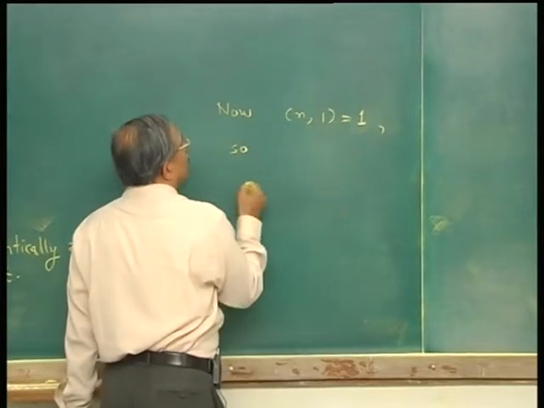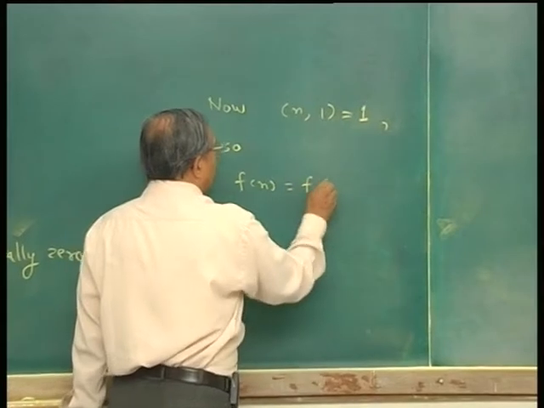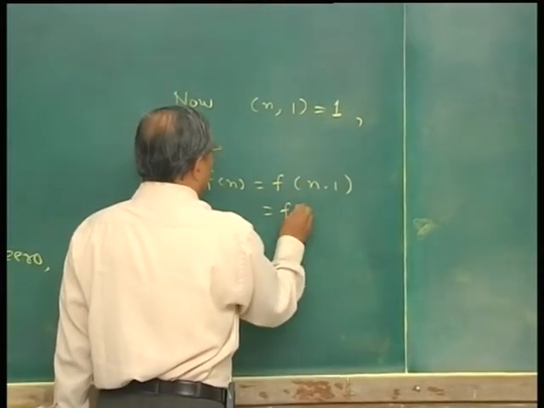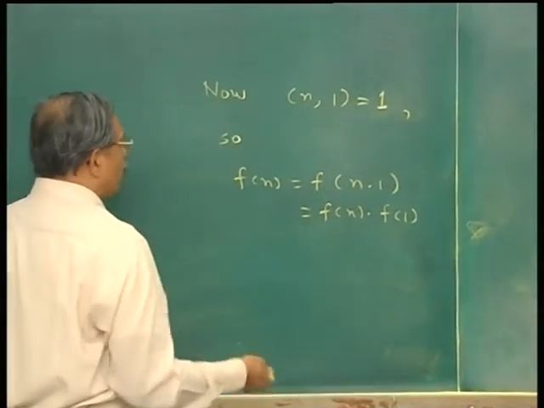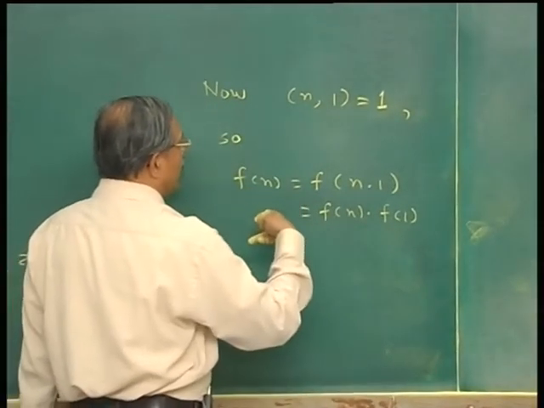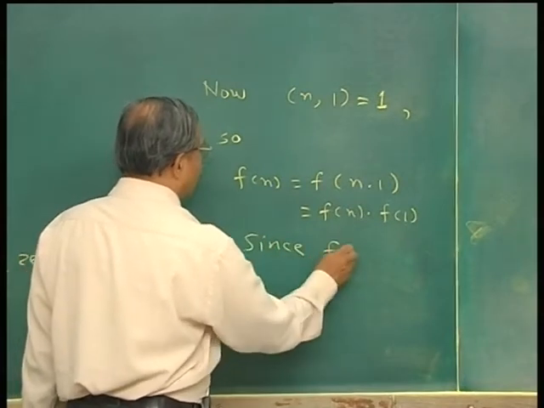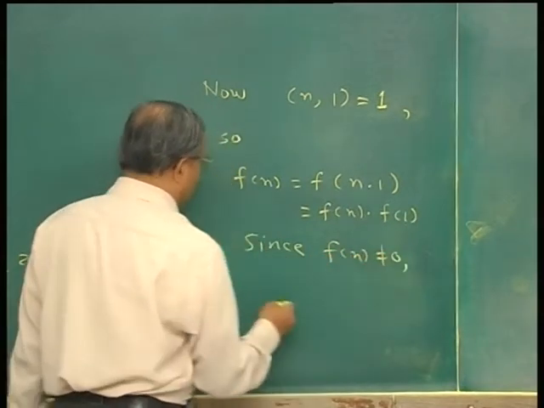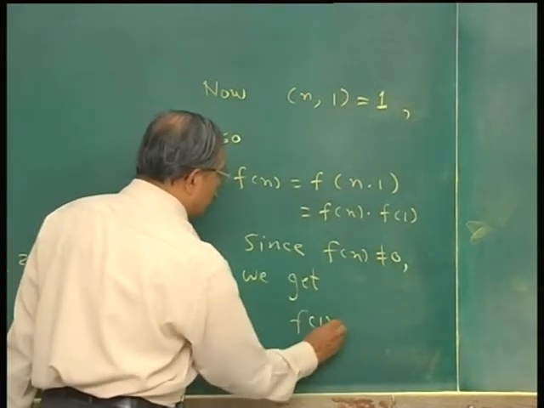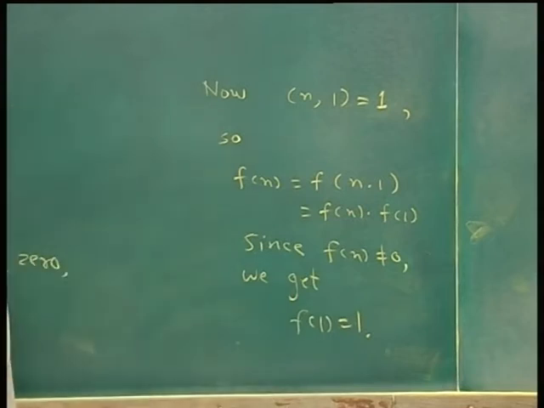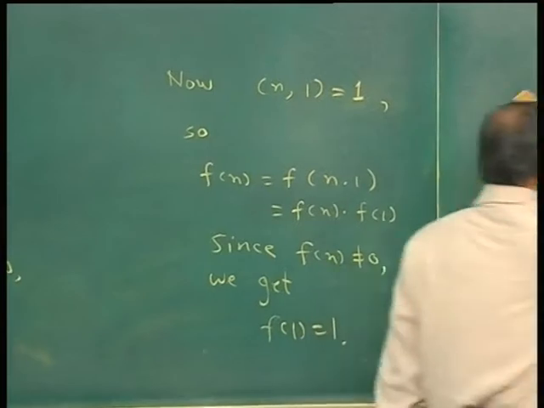So we can write f(n) as f(n times 1), which is f(n) times f(1). But now f(n) is not equal to 0, so we can cancel f(n) and get f(1) equal to 1. This happens for any multiplicative function.